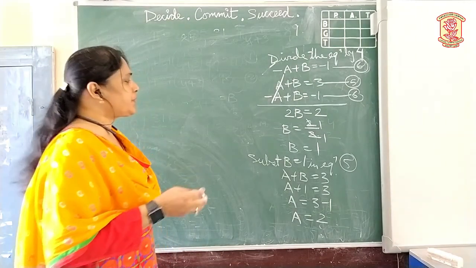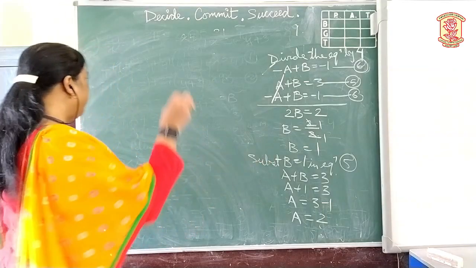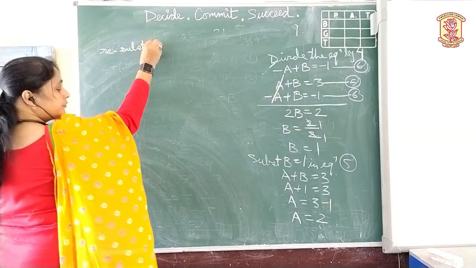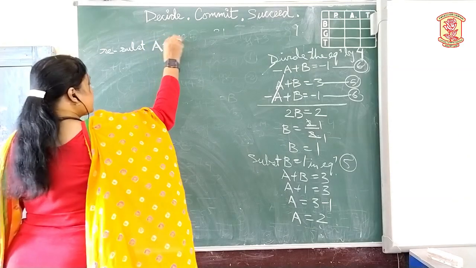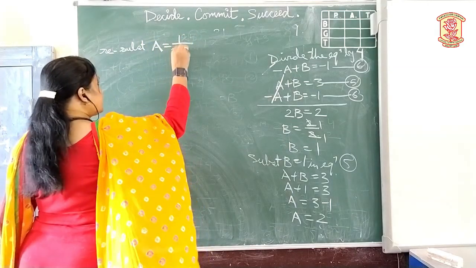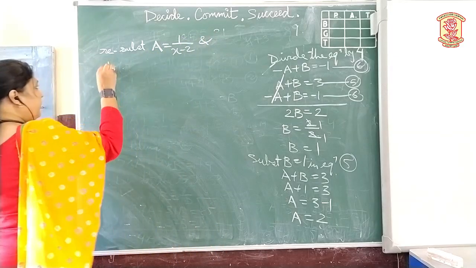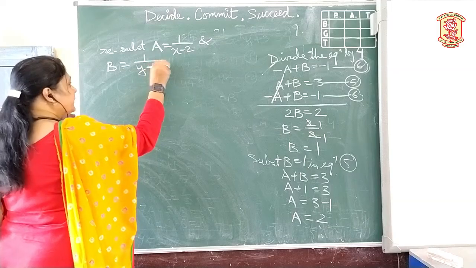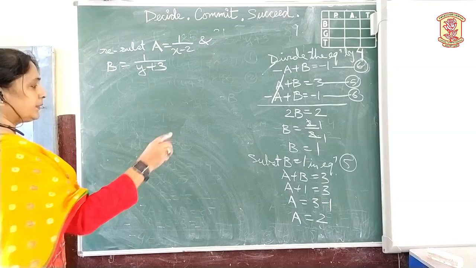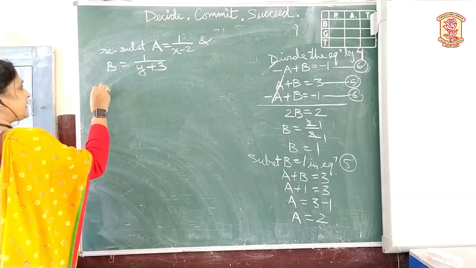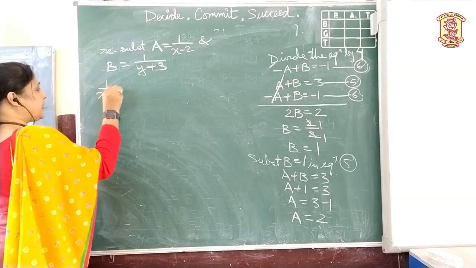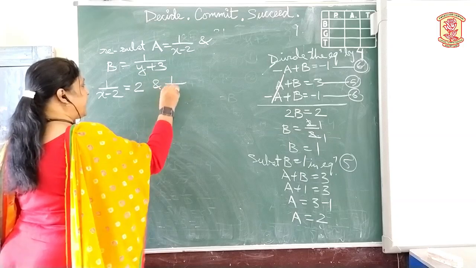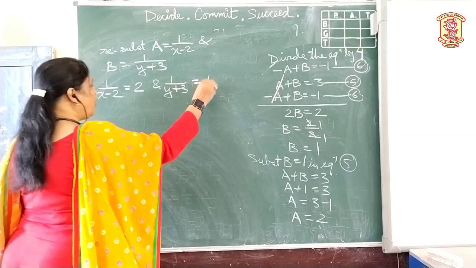Now we'll resubstitute the values of A and B. So resubstitute A equals 1 upon x minus 2 and B equals 1 upon y plus 3. So what we get here? The value of A is 2. So we get 1 upon x minus 2 equals 2 and 1 upon y plus 3 equals 1.